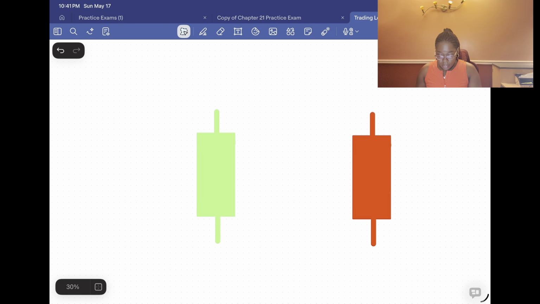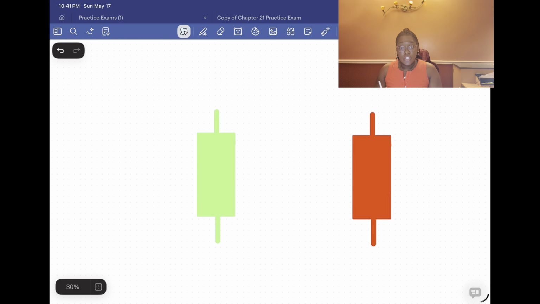So for one, on a typical chart, you're going to see a green candlestick and a red candlestick. And you might be wondering, well, what's the difference? Well, for a green candlestick on the chart, in basic terms, that basically means that that candlestick opened and price action moved up. And then for a red candlestick, that usually means that price opened and it closed with price moving down.